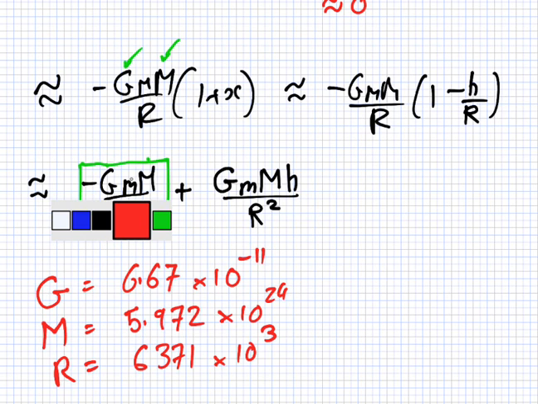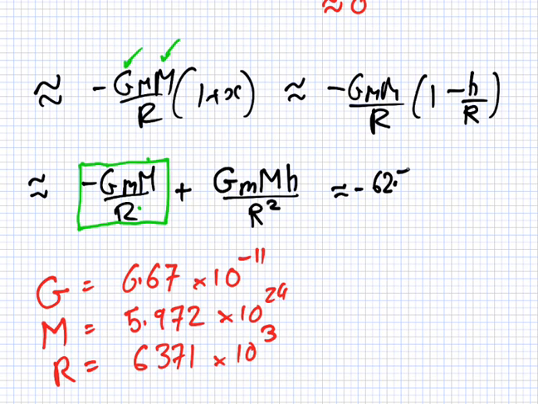Minus 62.5 times 10 to the 6, small m. Okay, and then I need the next one, please. It's 10 to the power of 6.